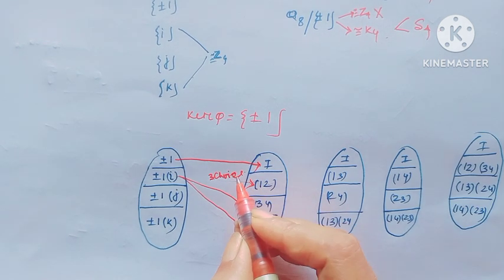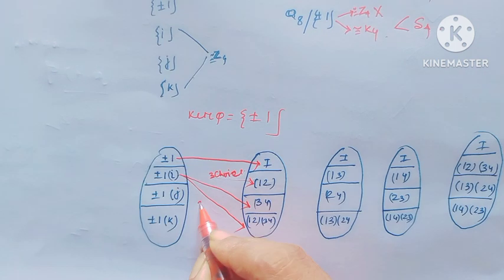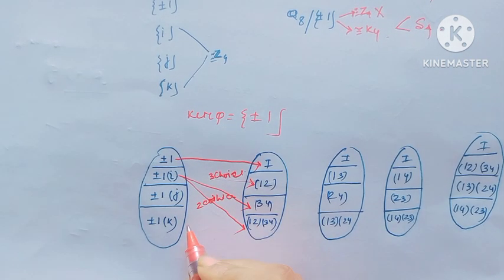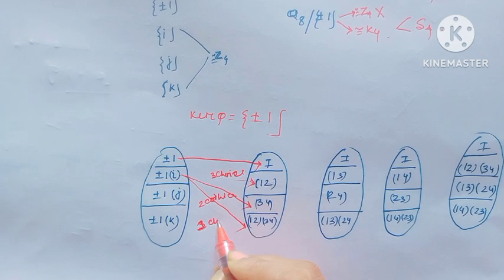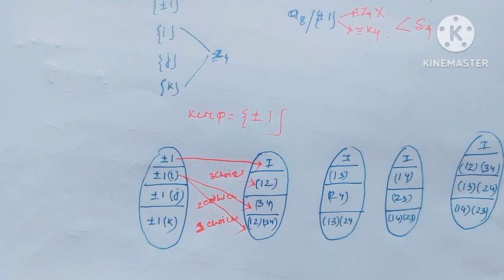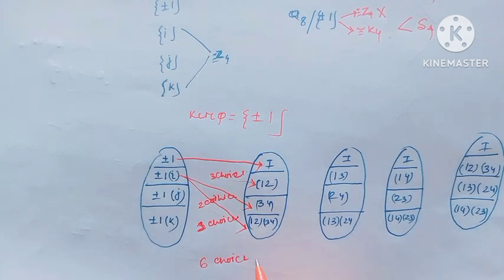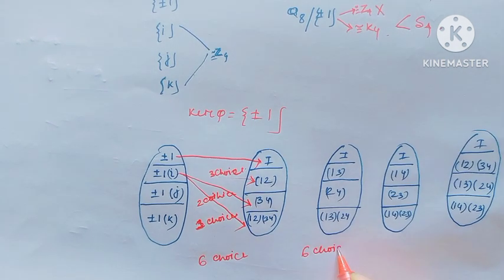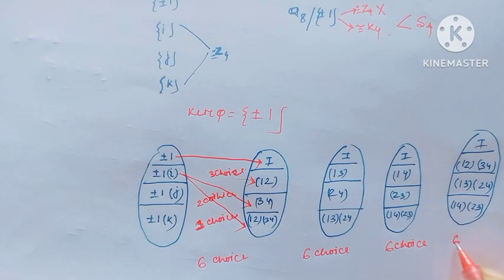Similarly, for plus minus j there are 2 choices, and for plus minus k there is 1 choice. That means for this there are 6 choices. Similarly for the others.